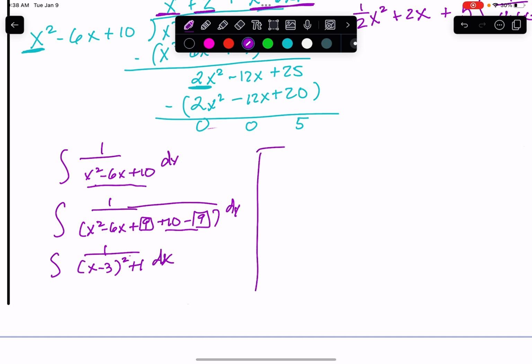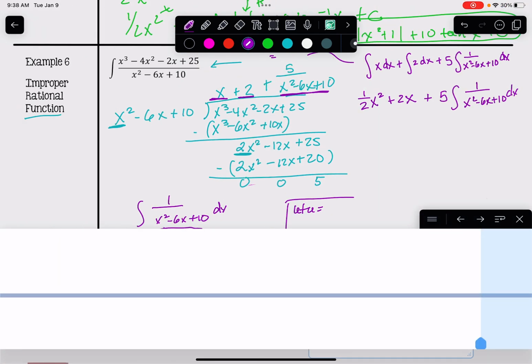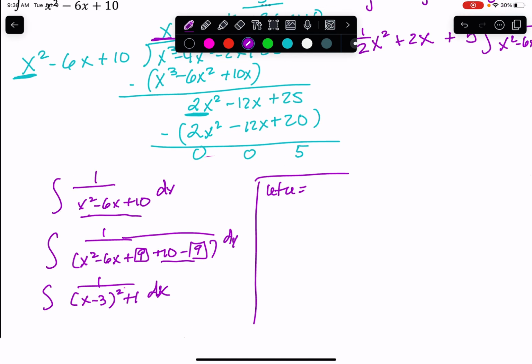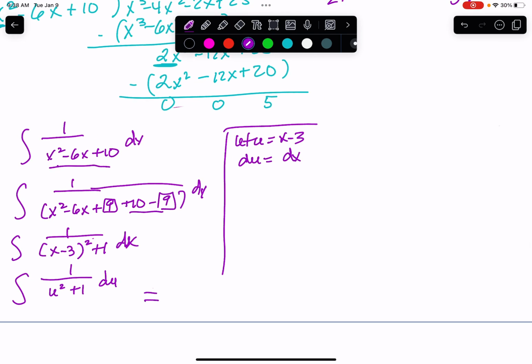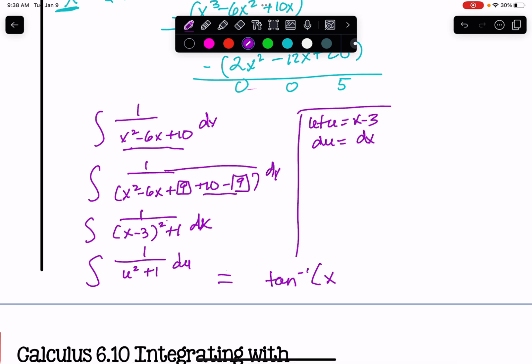So we have to do a little u substitution. We're going to let u equal x minus 3. So du is dx. So this integral becomes 1 over u squared plus 1 du. And when I integrate that, that becomes the inverse tan of x minus 3, right?